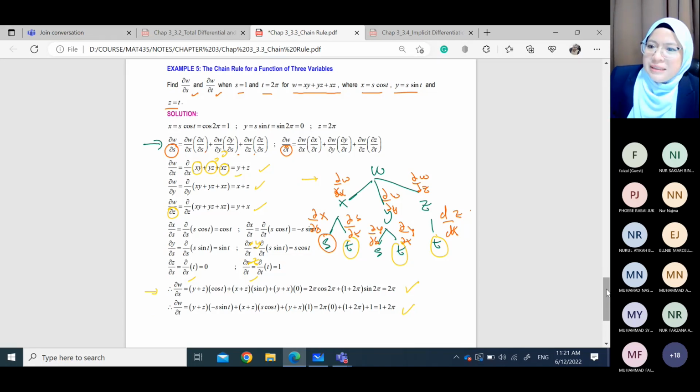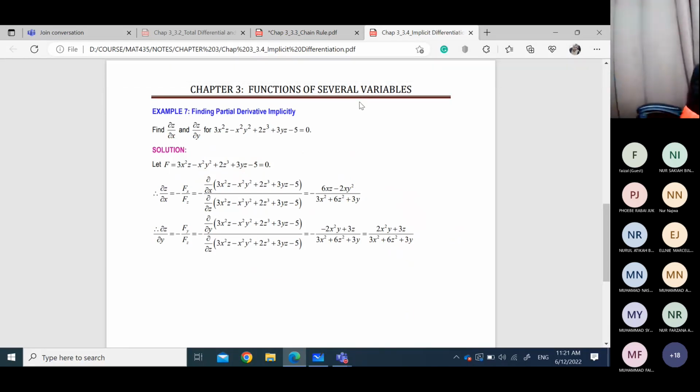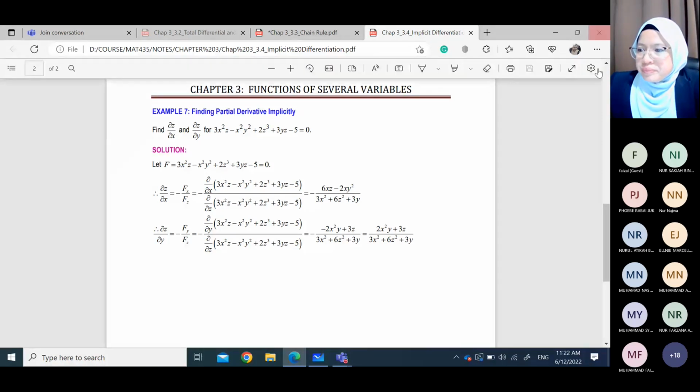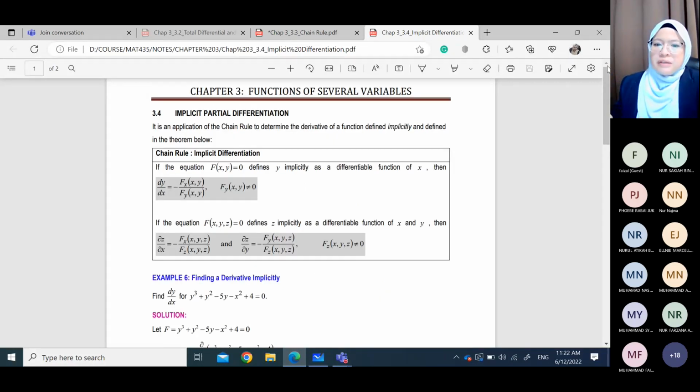Okay, I'd like to do a little bit. Implicit differentiation. This is a very simple one. Okay, so simple. Okay, so implicit partial differentiation.